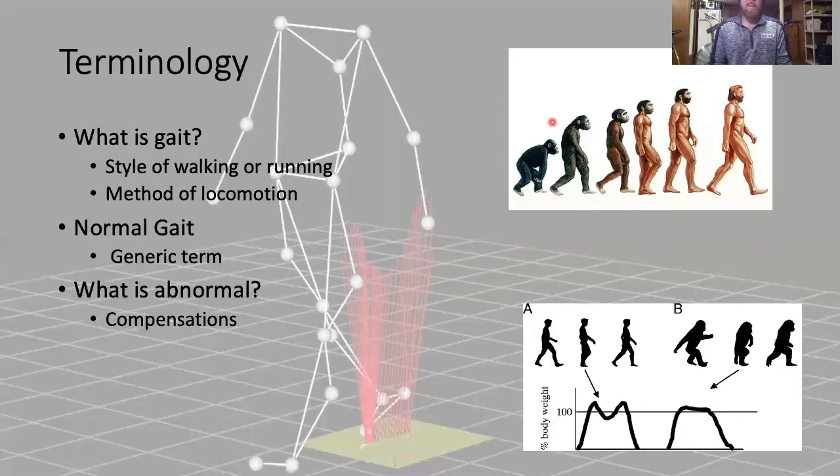So the mechanical advantage that you have by connecting actin to myosin and making those cross bridges has been diminished. So I think a lot of you know that after a really hard workout, you might walk funny the next couple days. And that would probably be considered abnormal gait for you, because you're going to have to create compensations to be able to complete the gait cycle and move yourself forward.